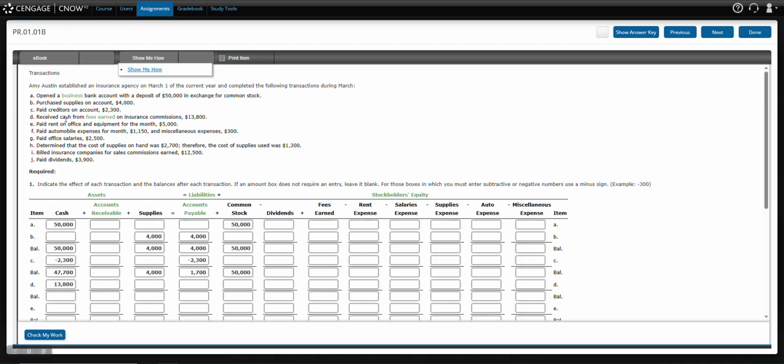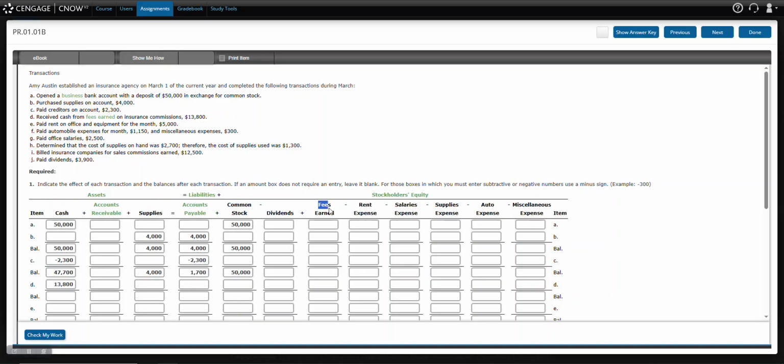Well, it says that we received cash from fees earned on insurance commissions. So again, we look at our account names, and we have a fees earned account. Remember, fees earned falls under that big stockholders' equity umbrella, and it's classified as a revenue. A revenue represents what we have earned the rights to an asset for providing a service.